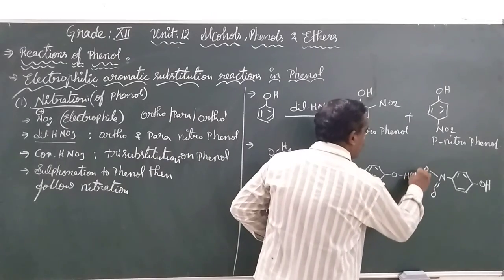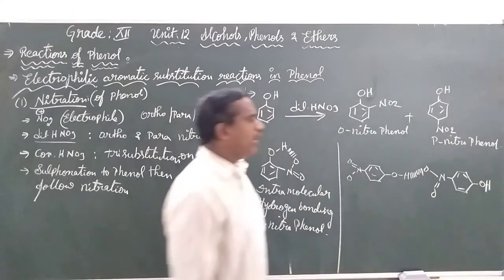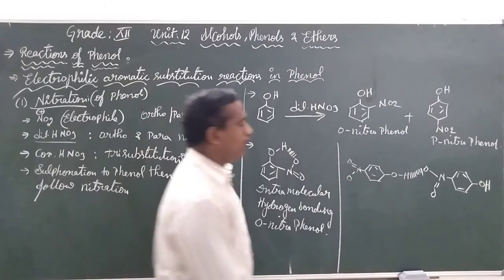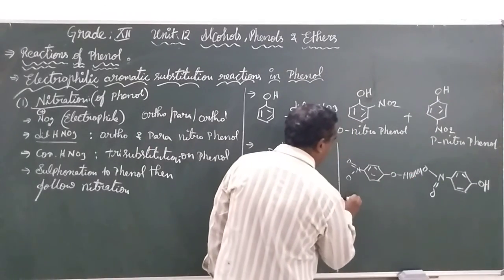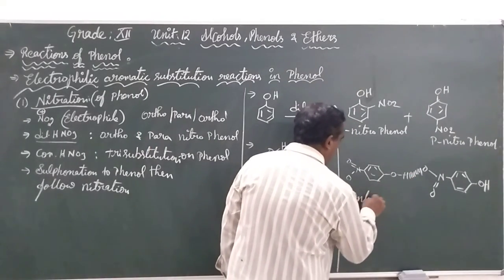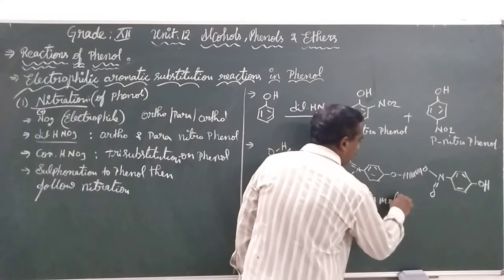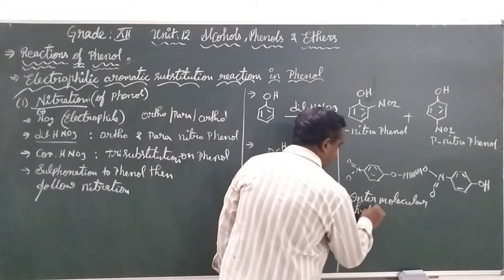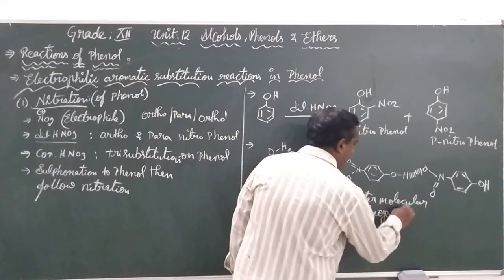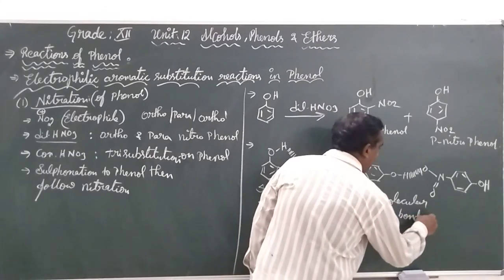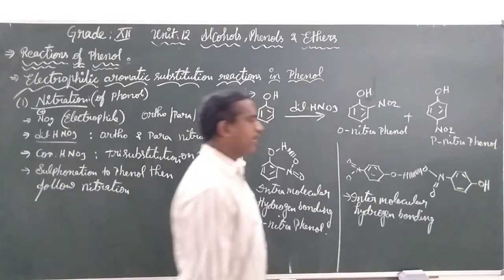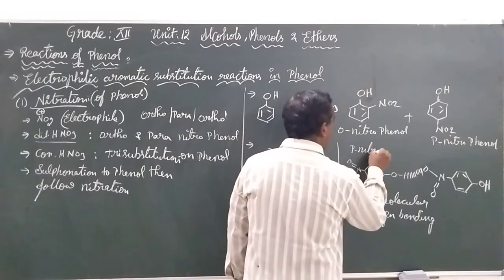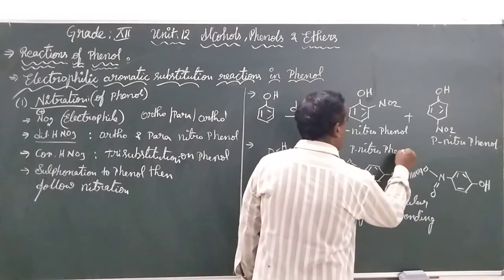Here the hydrogen of one molecule is attracted by the oxygen of another molecule. So what is the type of hydrogen bonding we find? We find intermolecular hydrogen bonding, in the case of p-nitrophenol.